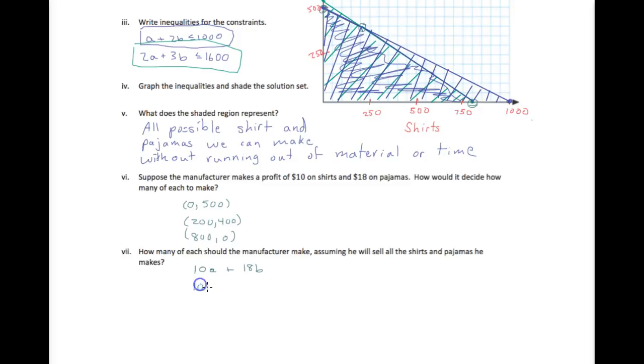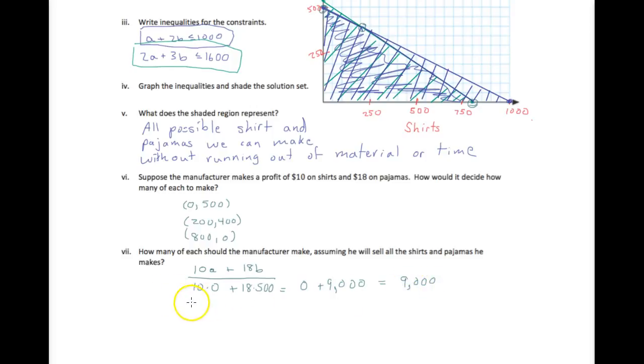So 10 times 0, let's make this a table, plus 18 times 500, that is 0 plus 9,000. Ooh, that kind of money sounds good, huh? Which is 9,000.